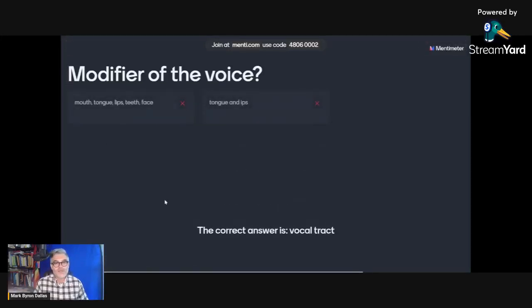The correct answer is the vocal tract. Even though it has marked your answers as incorrect, mouth, tongue, lips, teeth, face, tongue and lips, you're absolutely right. It's just that these are just a part of what modifies the voice. So those answers are all correct, but the all-encompassing answer is the vocal tract.